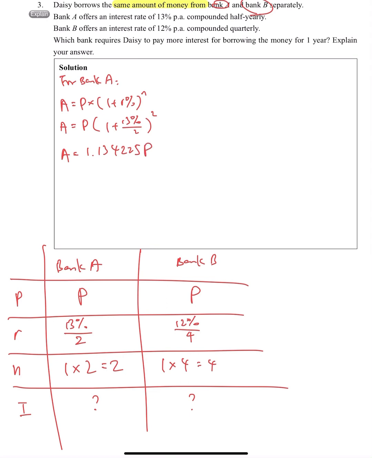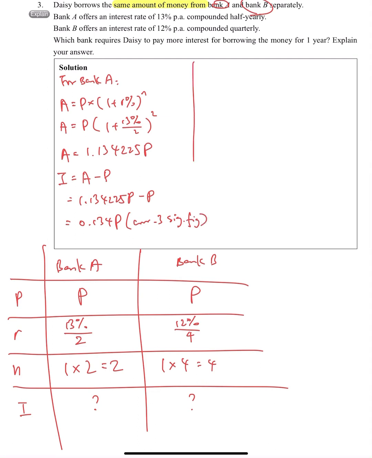Using a calculator to calculate this part, you can get this answer. So the interest is equal to A minus P, so it's equal to 1.134225P minus P, and the answer is 0.134P, correct to 3 significant figures.